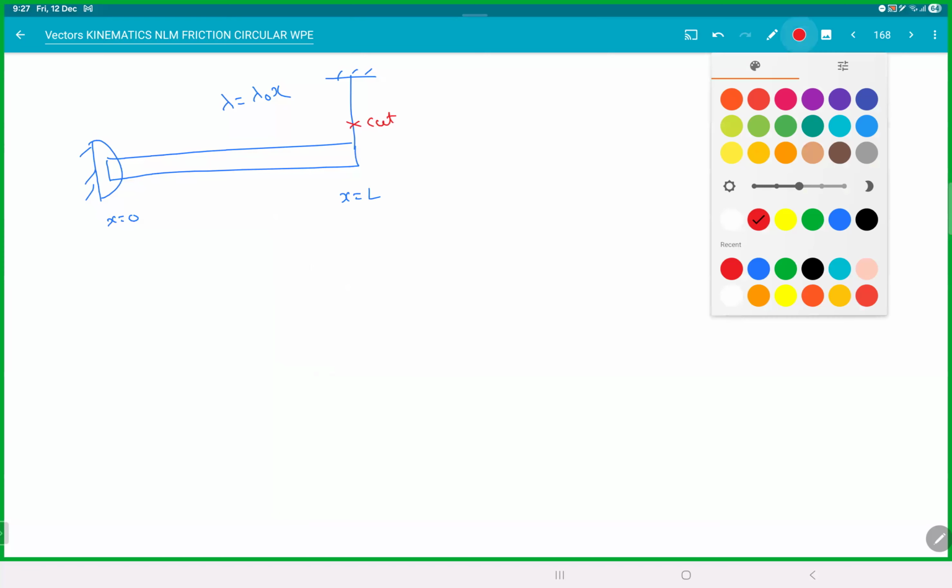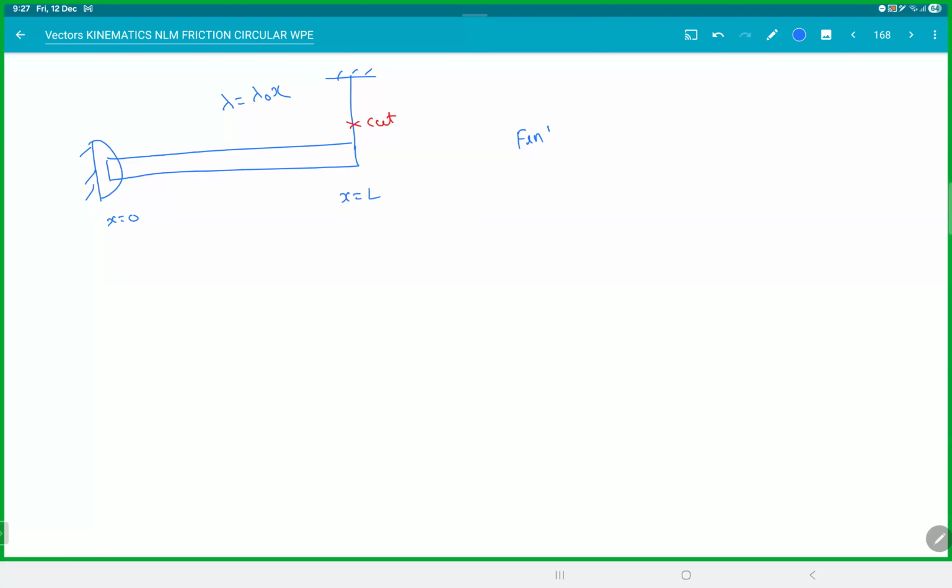Find alpha just after cutting the string. It's not a uniform rod. The rod's density is changing as lambda naught X. Find the angular acceleration of the rod just after cutting. It's a good one. It looks innocent, but it's a nice one.